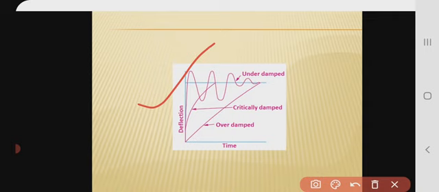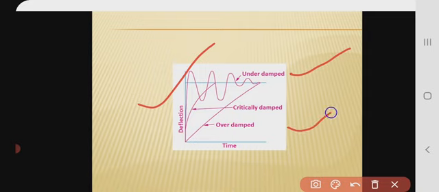If the instrument is under damped, the pointer will oscillate about the final position for some time before coming to rest. If the instrument is over damped, the pointer will become slow and lethargic.